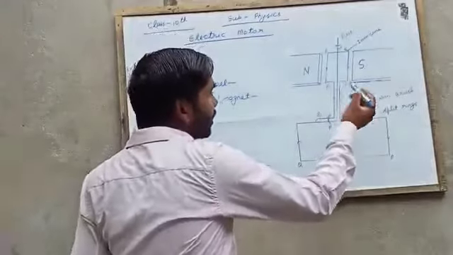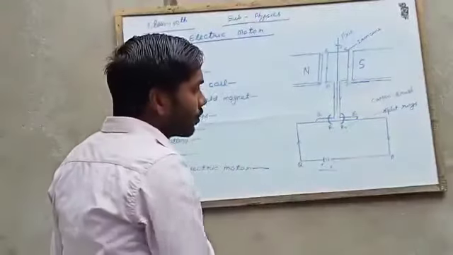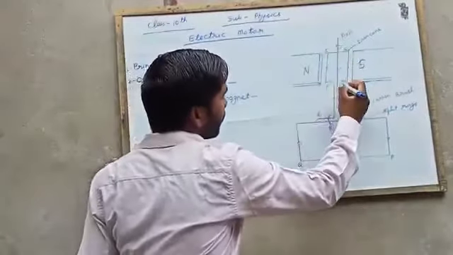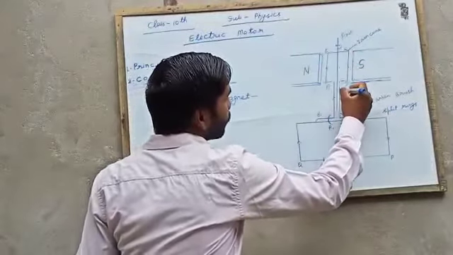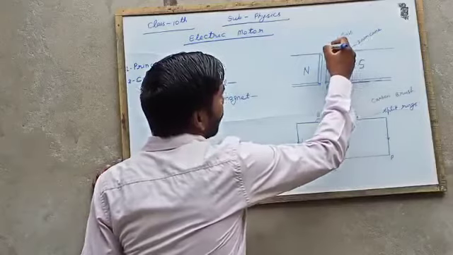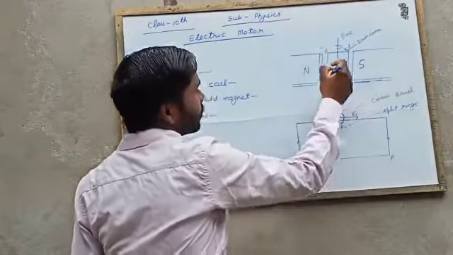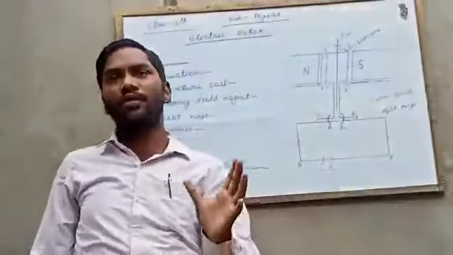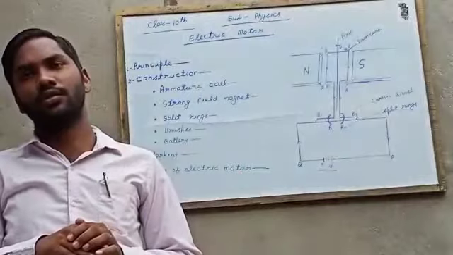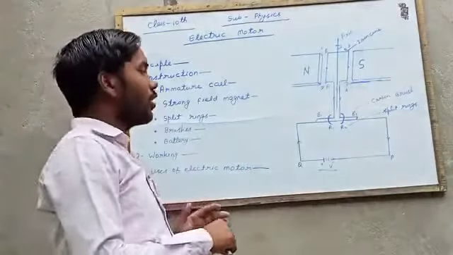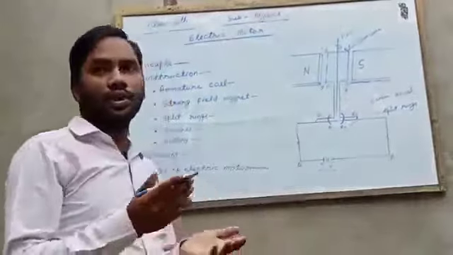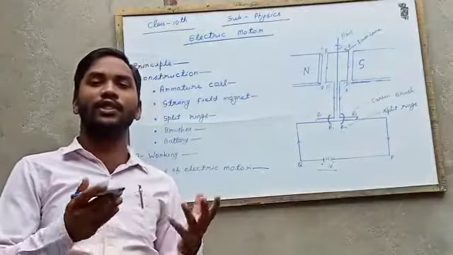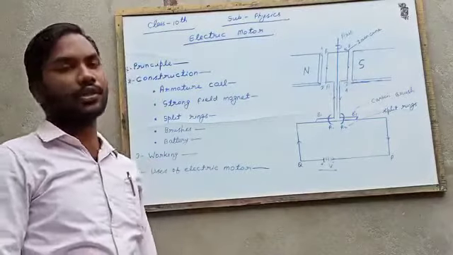After 180 degree rotation, the arms of the coil will be changed. So after 180 degrees, A will come here, B will be here, C will be here, and D will be here. So after 180 degrees, the arms of the coil change. At this stage, the split rings, you can also call it a commutator, because a commutator is a device which is used to change the direction of electric current.